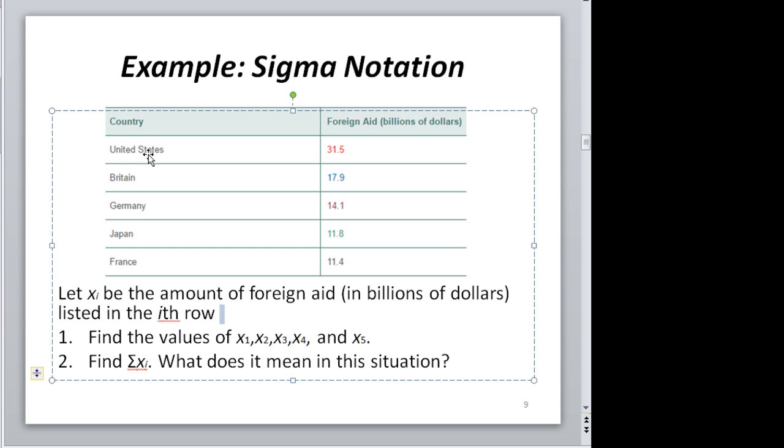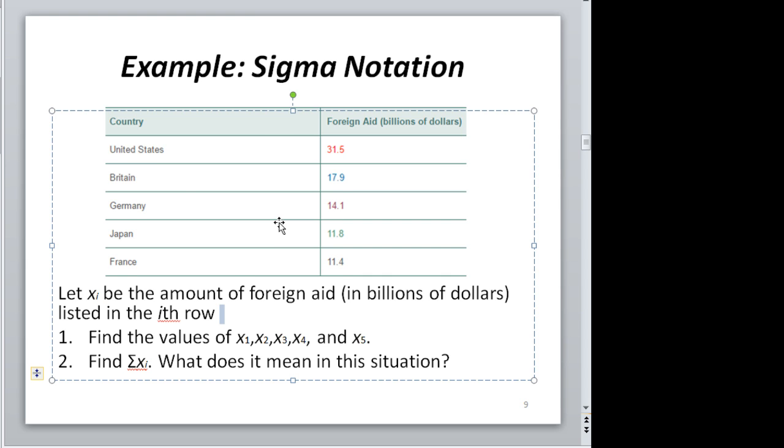So, for example, the United States has 31.5 billion in foreign aid, and countries like Germany have 14.1 billion dollars.